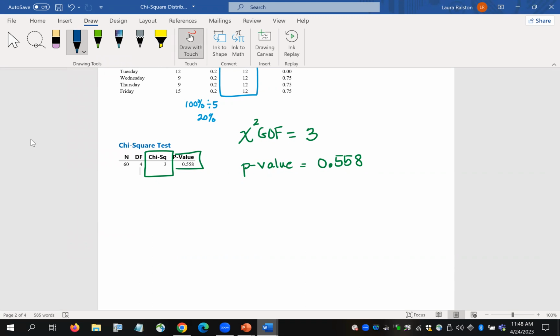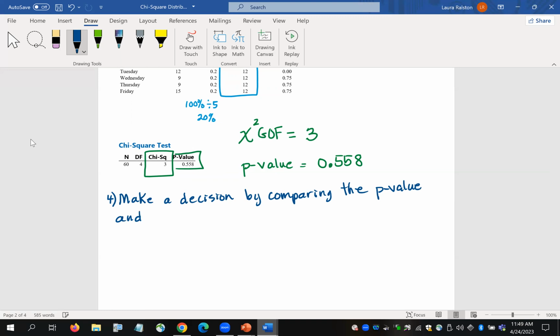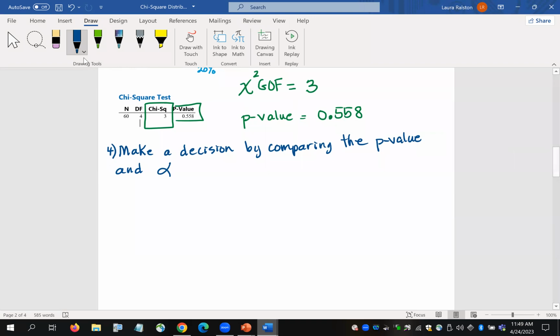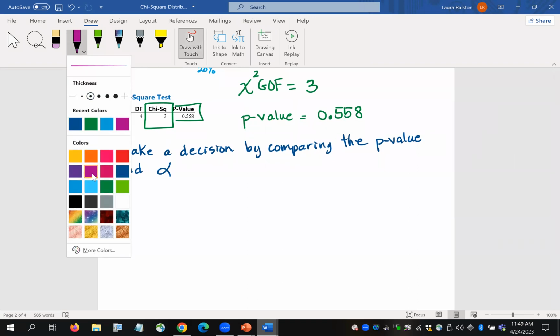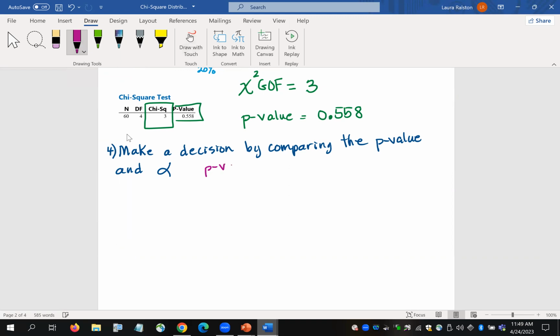Step 4 is we make a decision, by comparing the p-value and alpha. The process has not changed. The p-value from Minitab is 0.558.